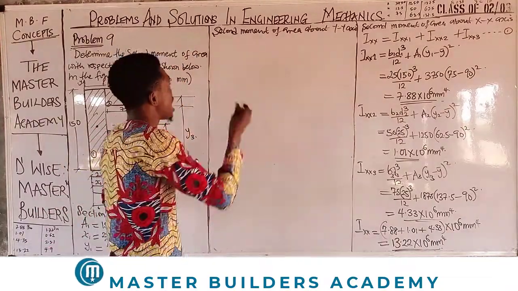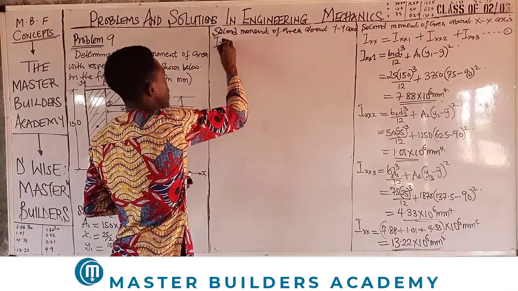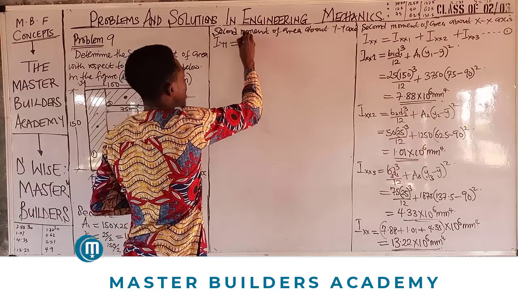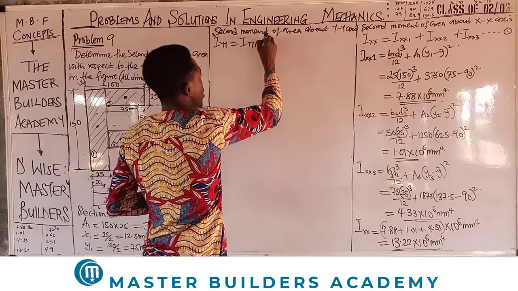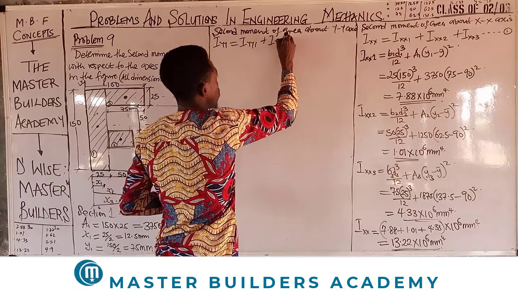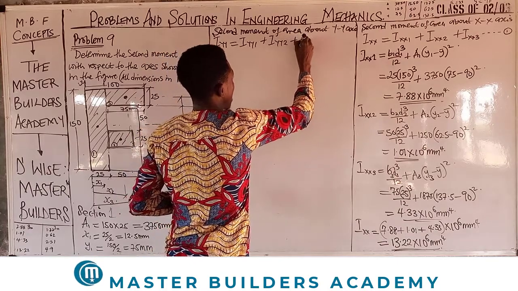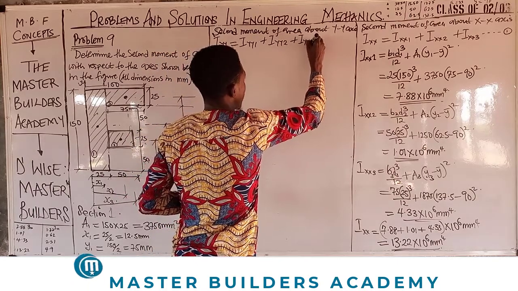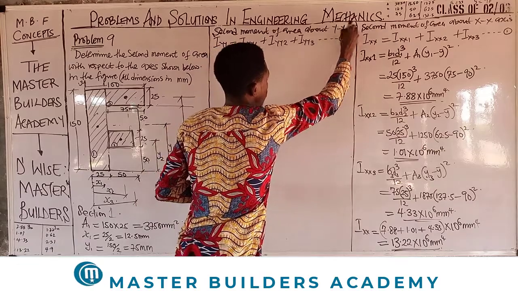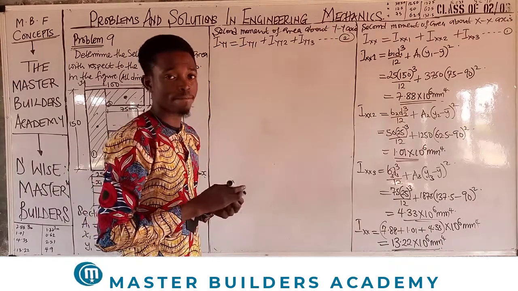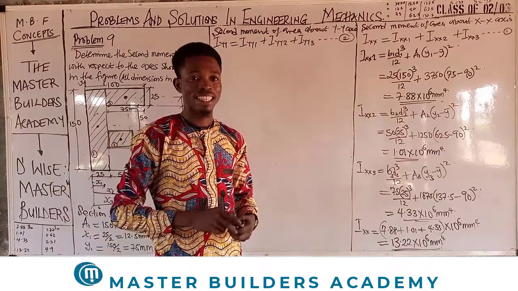That means IYY will be equal to IYY1 plus IYY2 plus IYY3. This we will call equation 2. You already have equation 1. Correct? Simple as this.